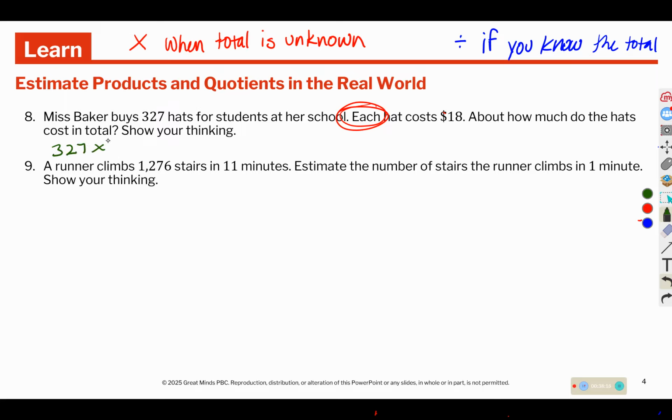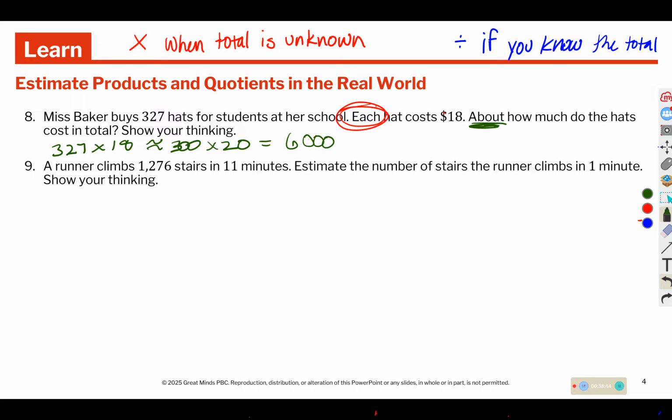We have 327 times 18. But remember, it says about how much, so we are able to approximate. I'm going to round 327 down to 300, and I'm going to round 18 up to 20. 3 times 2 is 6. And then I have 1, 2, 3 zeros.